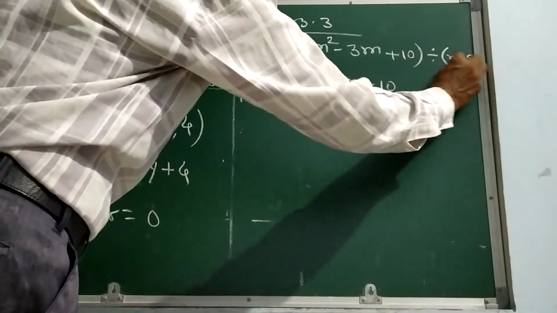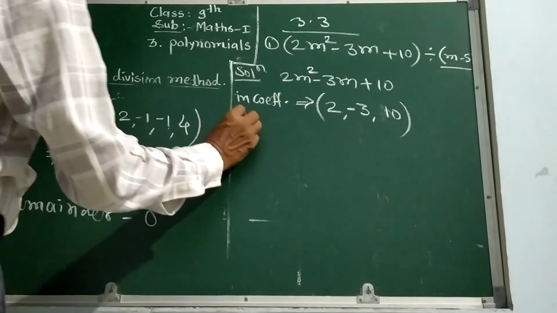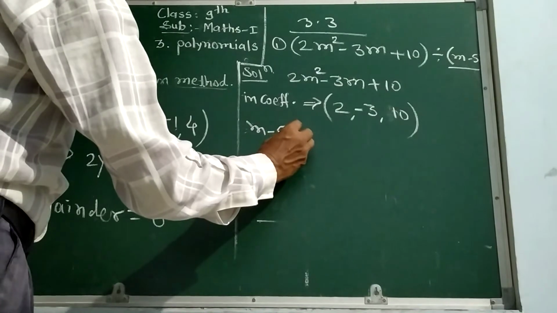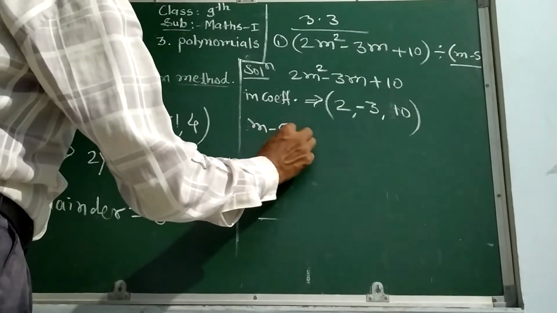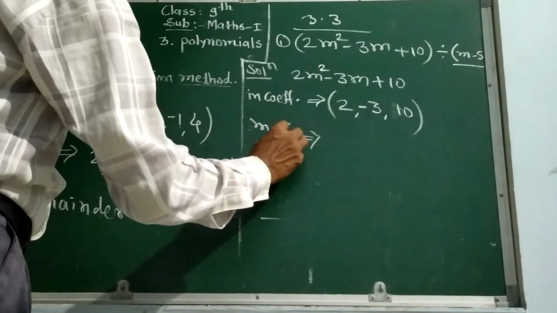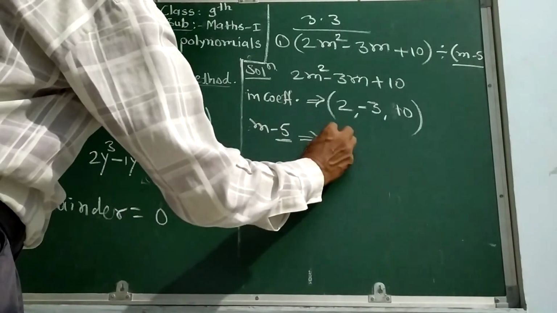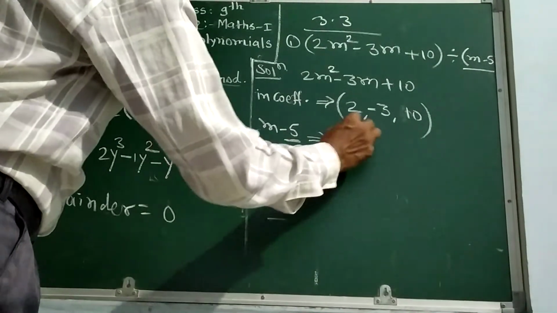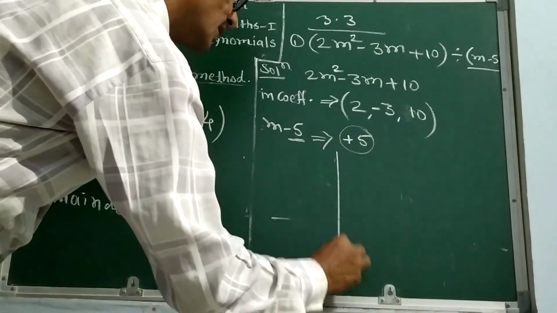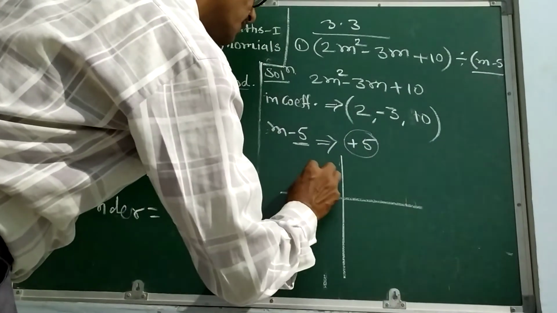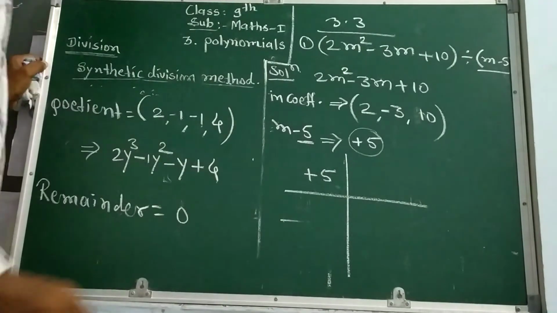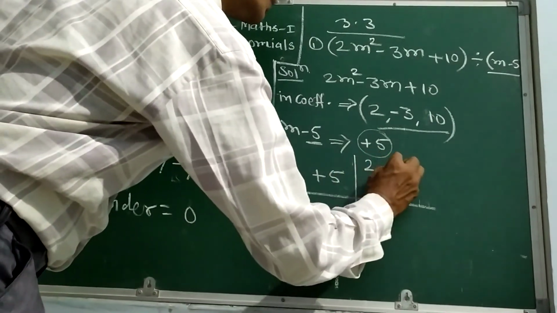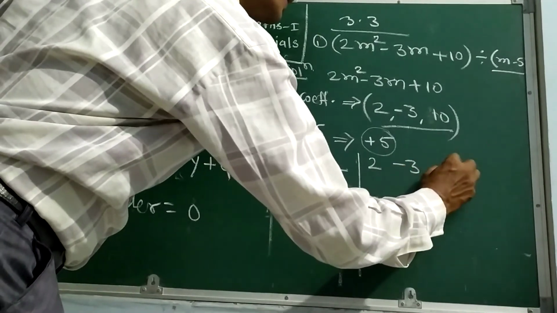Now this is the divisor. So we have to write this m minus 5, and this minus 5 changes into, that is the opposite number of this minus 5, which is plus 5. So we have to write this plus 5 on the left hand side of this vertical line, that is plus 5, and this coefficient form is in this way 2, minus 3 and 10.